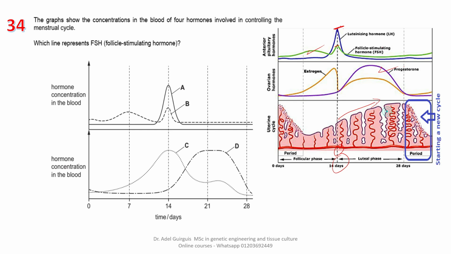Lining of the uterus. If the egg is not fertilized, the corpus luteum diminishes or decays. What would happen? Starting a new cycle. It makes menses again, period again. It's okay. Here copy paste like this part.